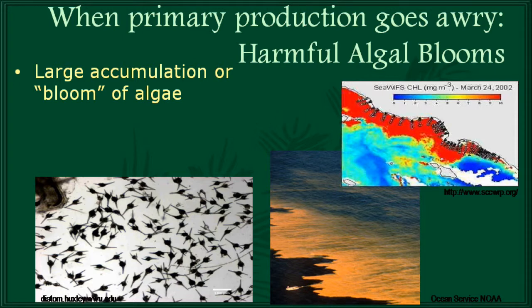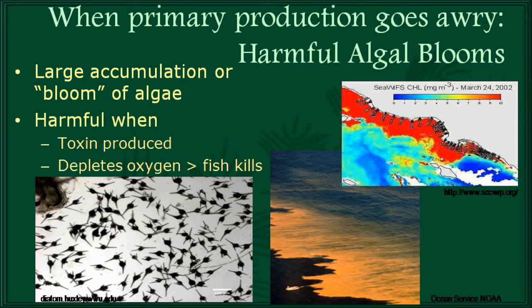And when are they harmful? They're harmful when either one, they produce toxins that can prove fatal or cause illnesses for us and other animals, or they're also harmful if they deplete oxygen in the water column, which potentially can lead to fish kills.